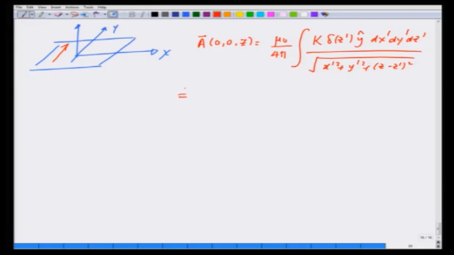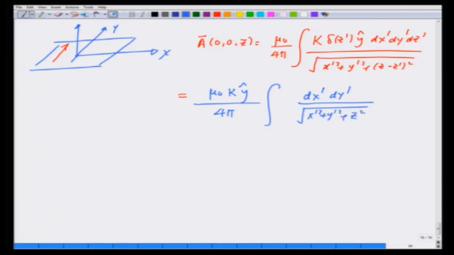Therefore, this becomes equal to mu naught, k comes out, the y direction comes out, it is a fixed direction, over 4 pi integral of dx prime dy prime over the square root of x prime square plus y prime square plus z square, with both x and y going from minus infinity to plus infinity.